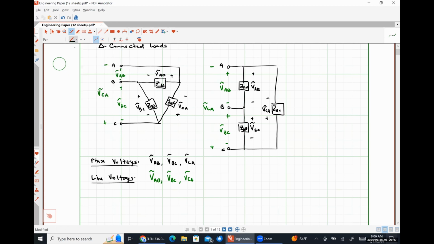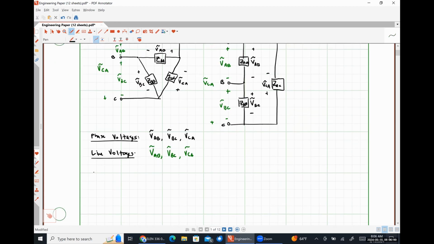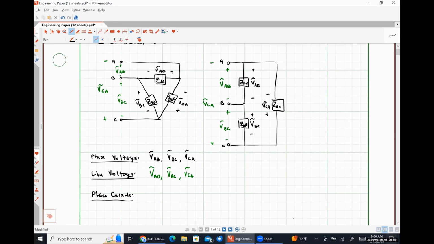And then lastly, we have our phase currents. And so these will just be the currents that are flowing through those impedances. I'm going to draw them all such that they're flowing into the positive polarity terminal.